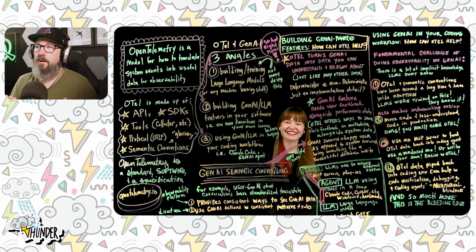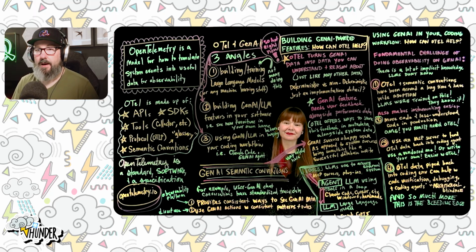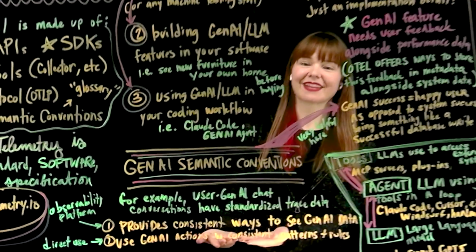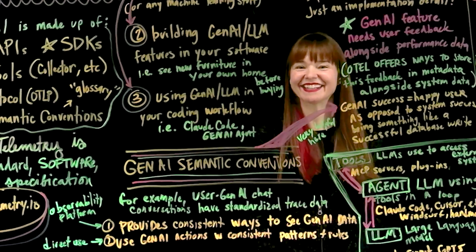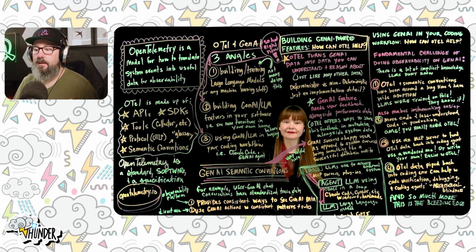So this is where OTel can really help you out, because OTel gives you a lot of semantic conventions around these kind of GenAI primitives, as it were, things like prompts, completions, whatnot. So you're getting that data back about exactly what someone asked and what model and how many tokens and how much it costs and so on. You combine that with things like thumbs up, thumbs down, or sort of ways to get user preferences or user feedback from a session.